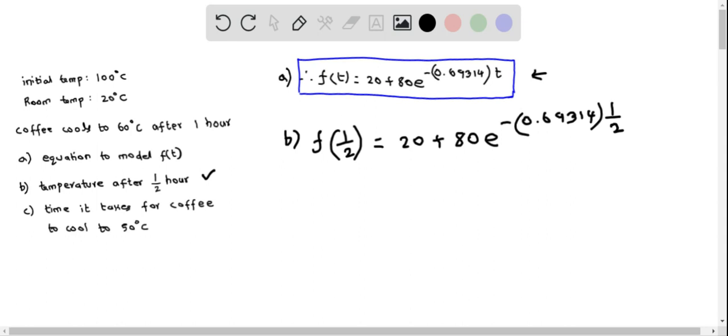So we can plug this into the calculator, and when we do that, we get the value as approximately 76.57 degrees centigrade. So this is the temperature of the coffee after half an hour.